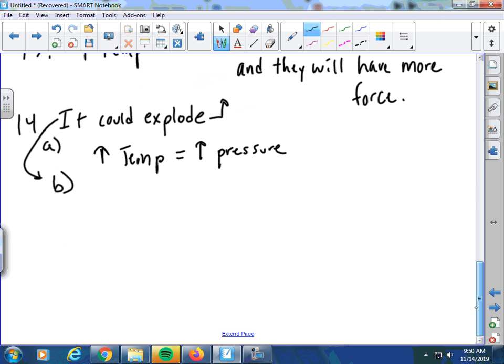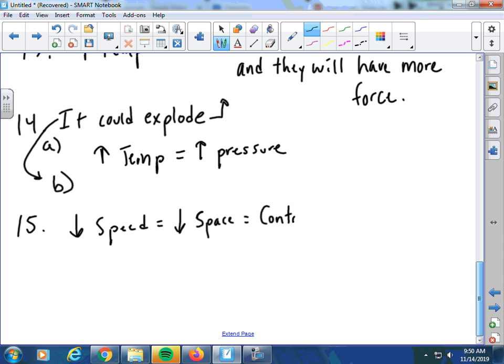So basically, they're saying you're taking a balloon from a warm environment to a cold environment. So if it becomes cooler, what's going to happen to the speed of the particles? Okay, so the speed is going to decrease. What else is going to happen to the particles? Right, so decreased speed means decreased space between particles.